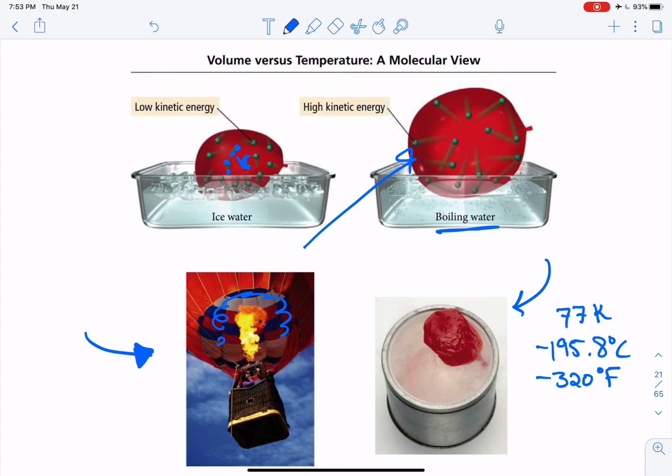And when something is less dense than something else that it's in, what happens to that stuff that's less dense? Think oil and water, or a wood boat in water. It floats. So the less dense air in here floats in the more dense, or the denser cold air out there. So that's what's going on with our hot air balloon.